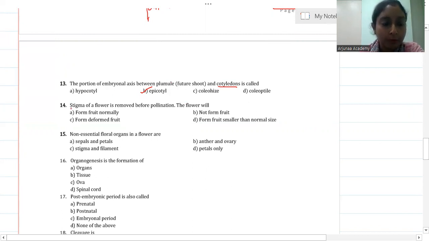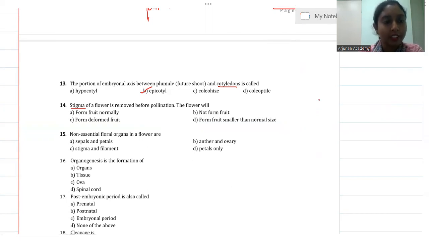Then 14th question. Stigma of a flower is removed before pollination. Here they are saying the stigma is removed. We know stigma is a landing platform for pollen grains. If the stigma is removed, there is no one to receive the pollen grains, right?